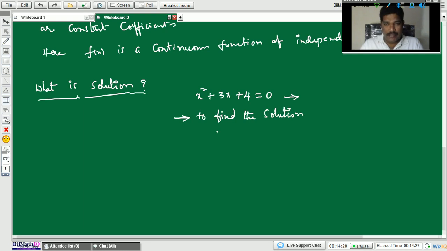To find the solution means finding the unknown value. The unknown value here is x, so we need to find x values.